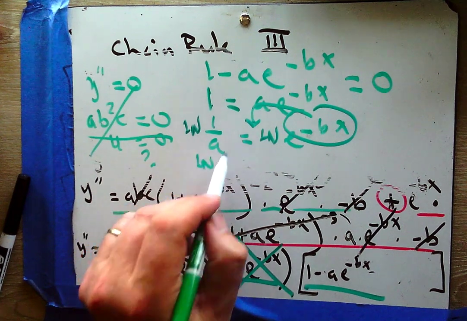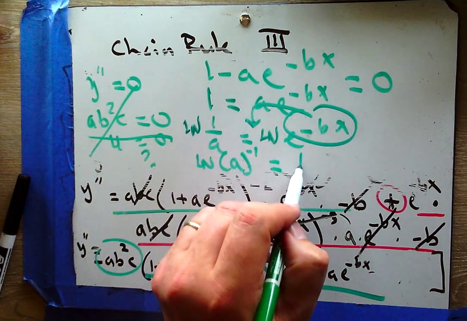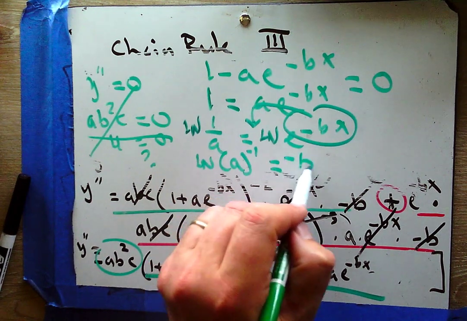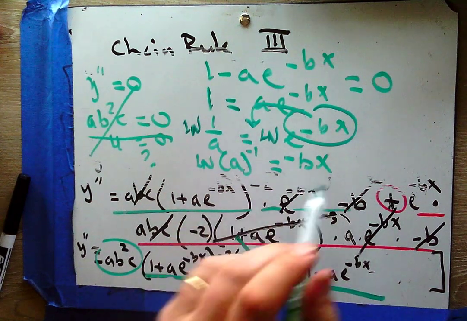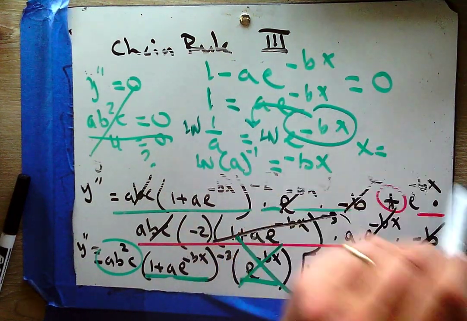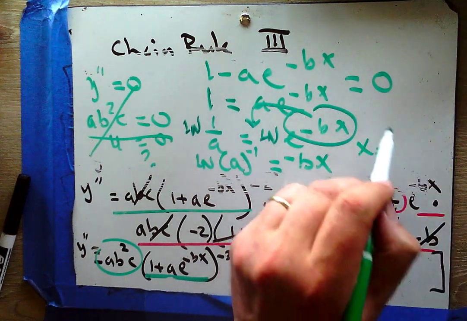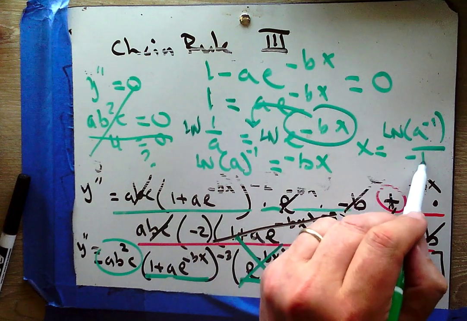So I have ln of a to the negative 1 equals negative bx. And if I divide by negative b, I get x equals ln of a to the negative 1 over negative b.